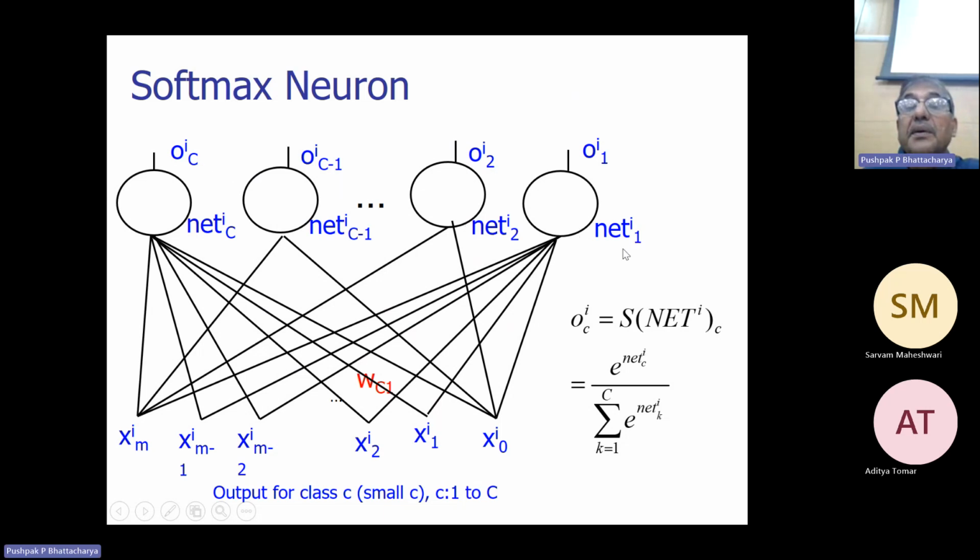And a very important quantity is the net arriving at every neuron: net 1, net 2, net C minus 1, net C. And the i superscript is for the ith data instance.